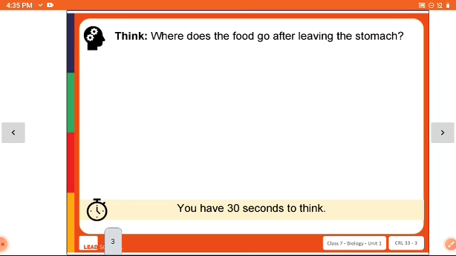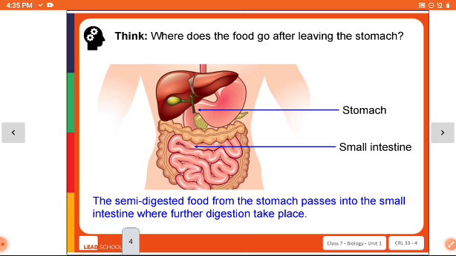So where does food go after leaving the stomach? After the stomach, the remaining part of the food after digestion moves toward the small intestine.